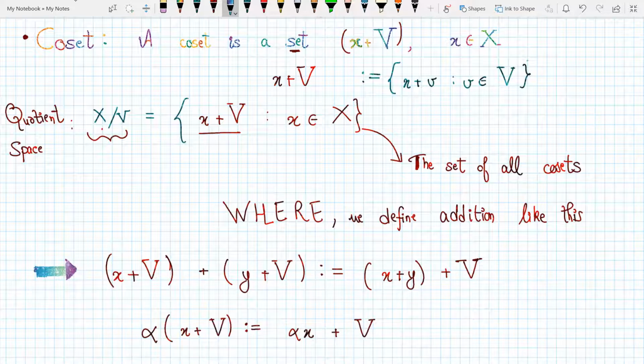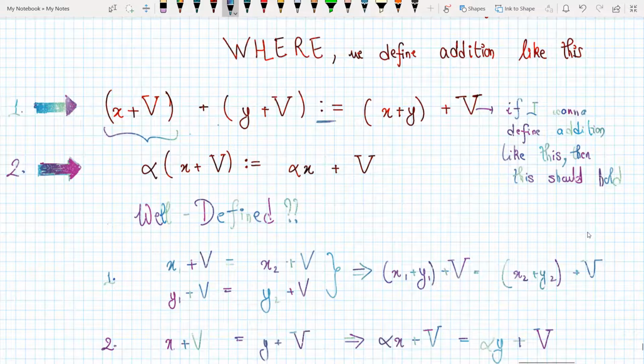I start by defining addition and scalar multiplication in my quotient space by these formulas. If I have a coset x plus V and add it to y plus V, it is defined to be x plus y plus V. Similarly, for scalar multiplication, alpha times x plus V is alpha x plus V.